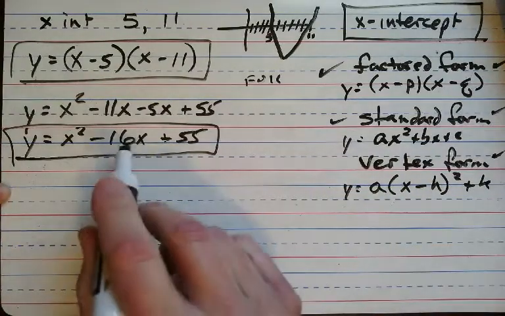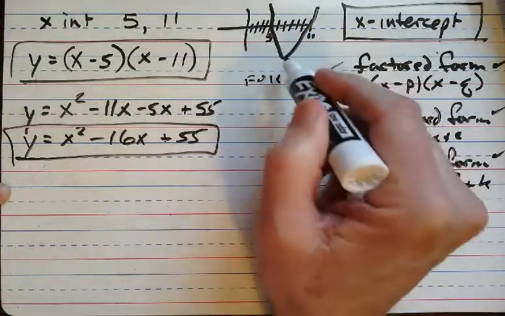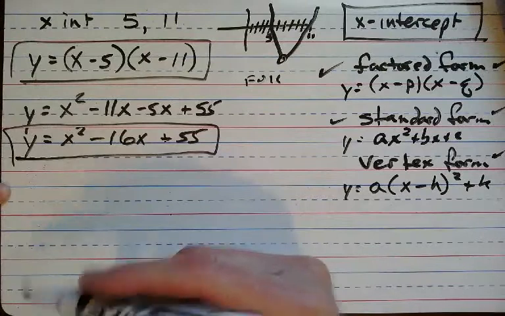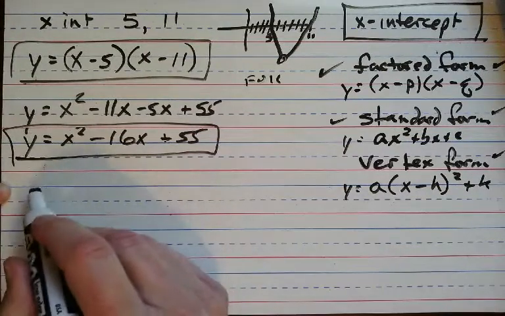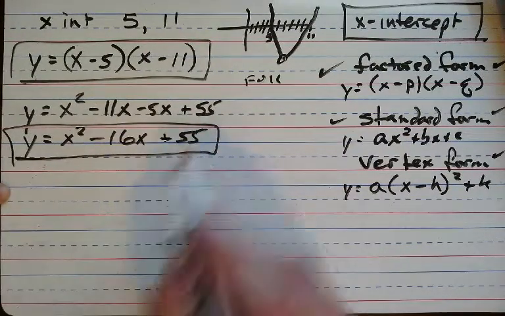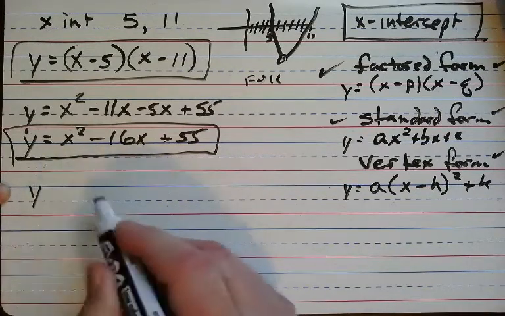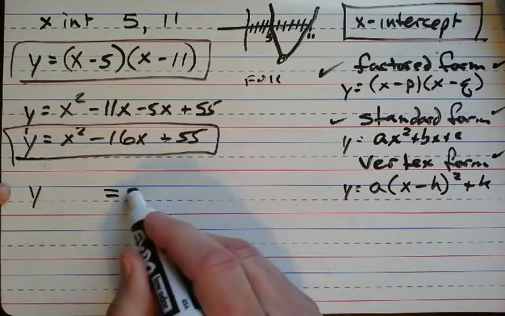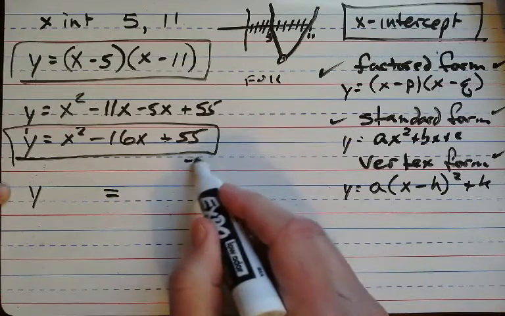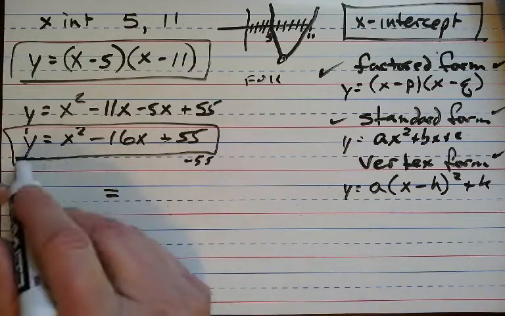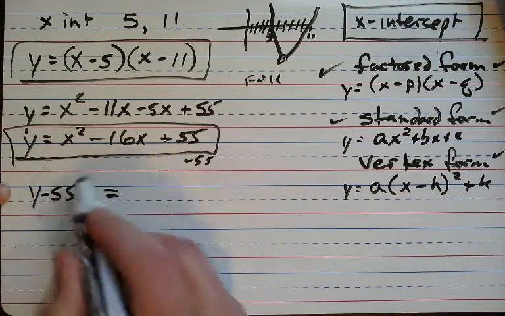Vertex form. Where is the bottom of this graph? Remember how to do it? You have to get the x's by itself. So we're going to subtract 55 from both sides, right? So that's going to be minus 55.